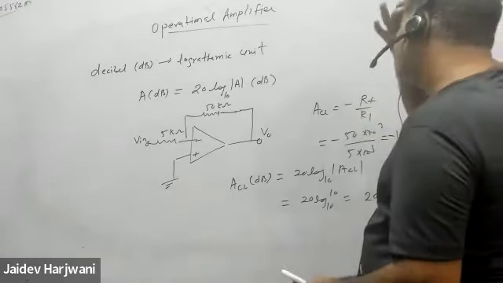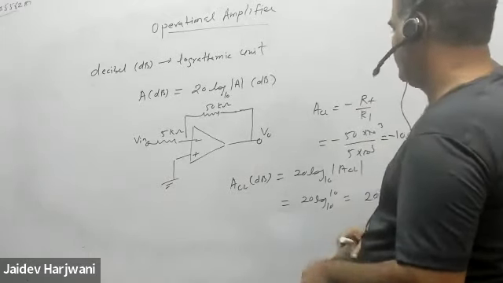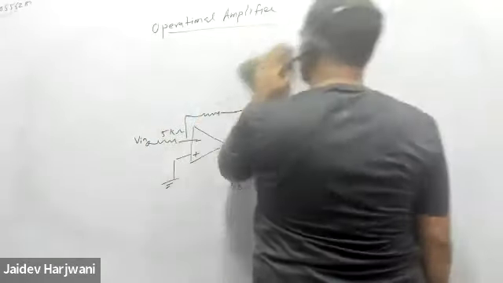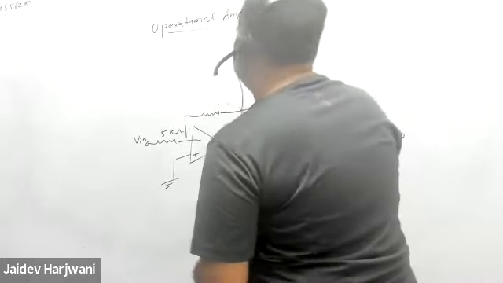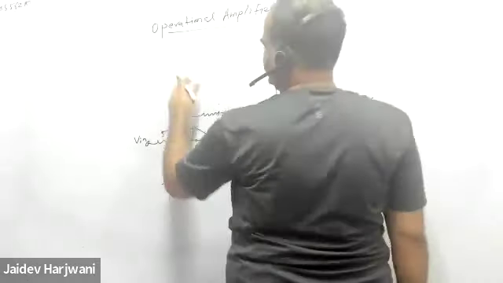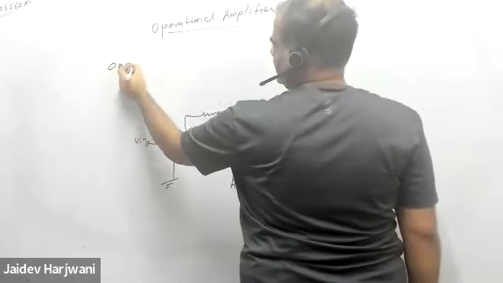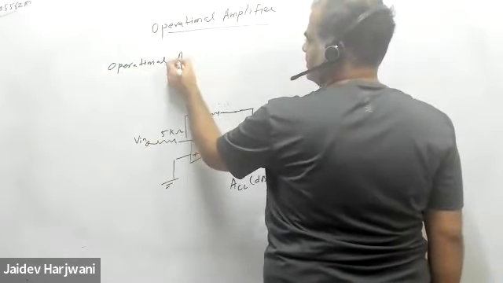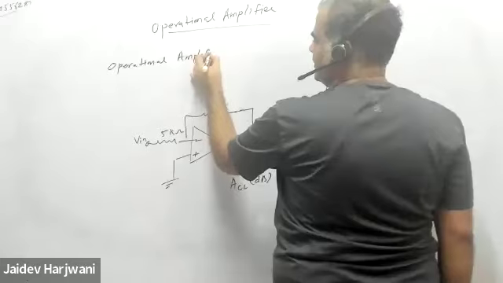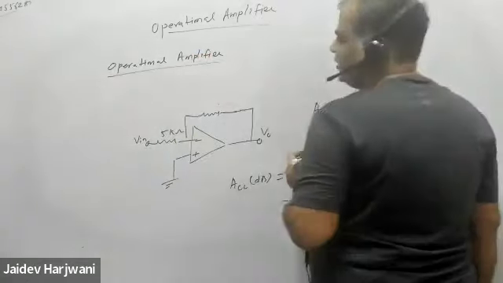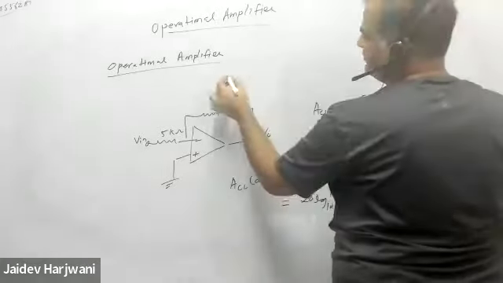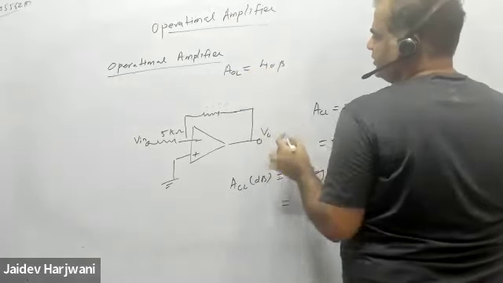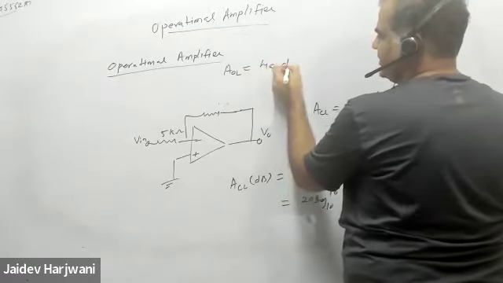Now let us solve one problem which came in your exam recently, either in GATE or CSIR NET. You have been given an operational amplifier, and the open loop gain is given as 40 dB.